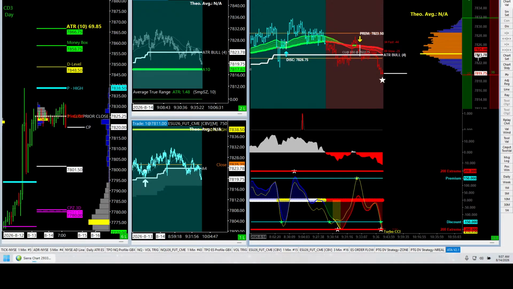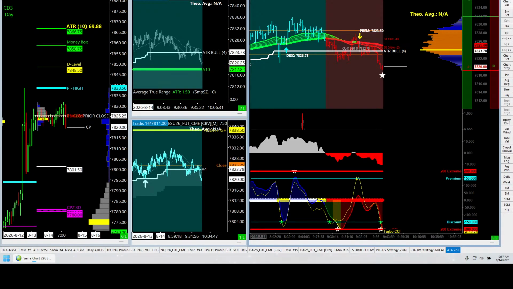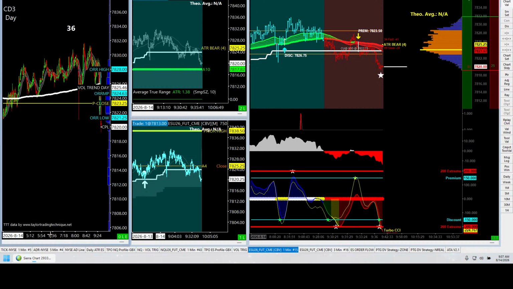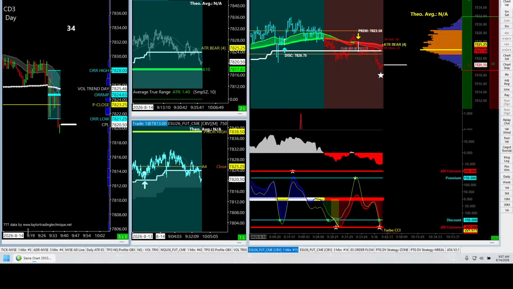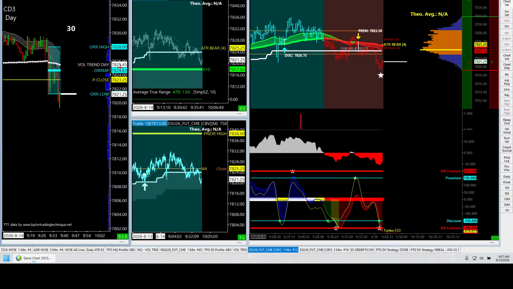Okay, let's refocus. The market's kind of trying to work its way lower here. All right, so the opening range is in place, 21s up through 28s.